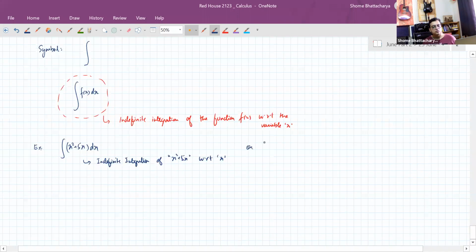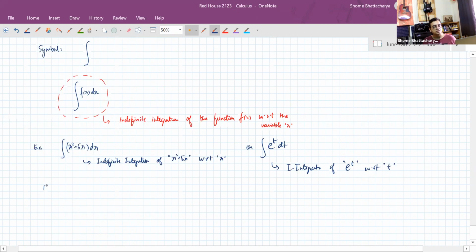Or this is indefinite integration of the function e raised to t with respect to the variable t.